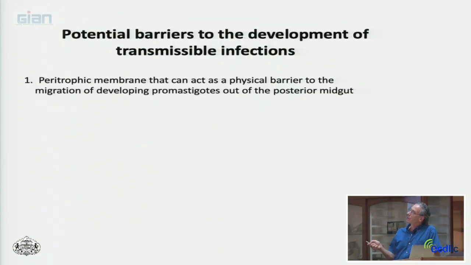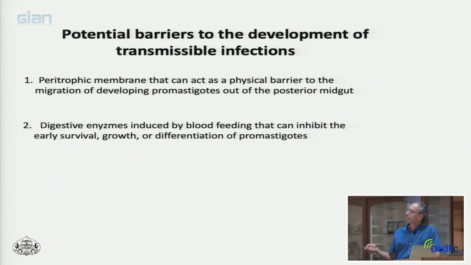Okay, so going back to what goes on in these midguts, what are the potential barriers to the development of transmissible infections? So I mentioned this peritrophic matrix, this membrane that encases the blood meal, can act as a physical barrier to the migration of developing promastigotes out of the midgut. So we now know that parasites make a chitinase to digest this membrane. The blood meal itself is flooded by digestive enzymes.